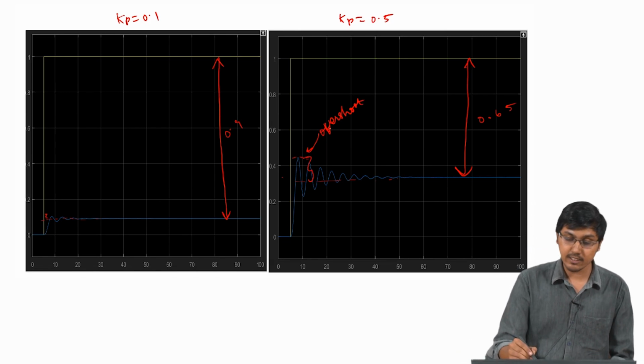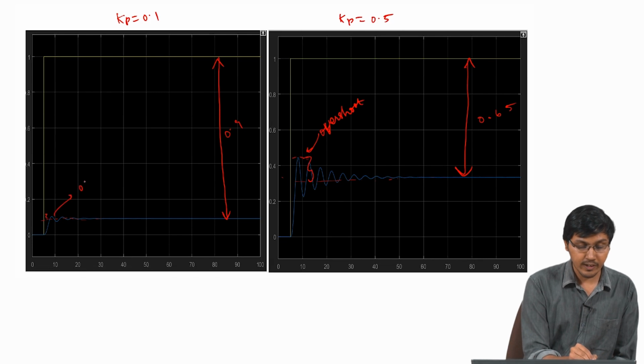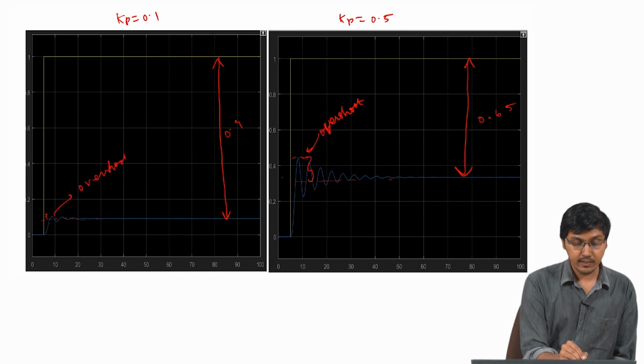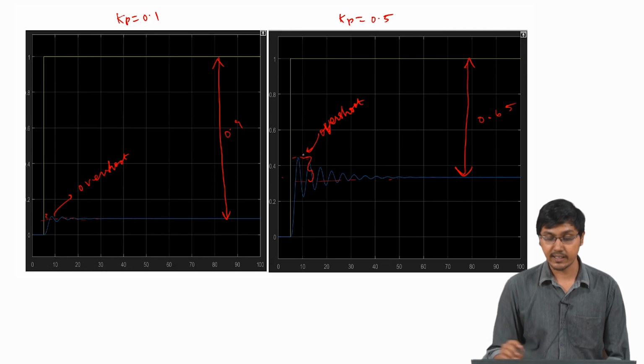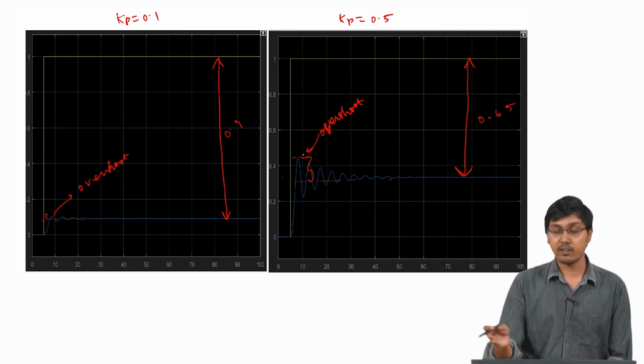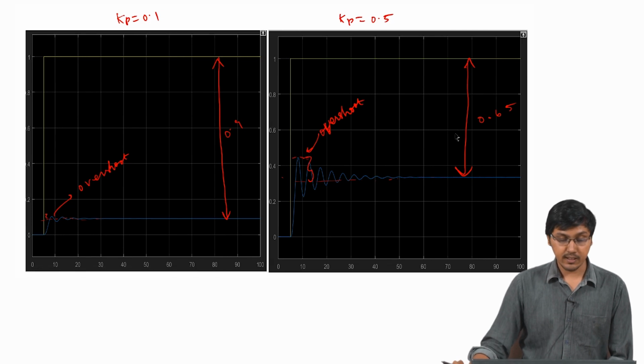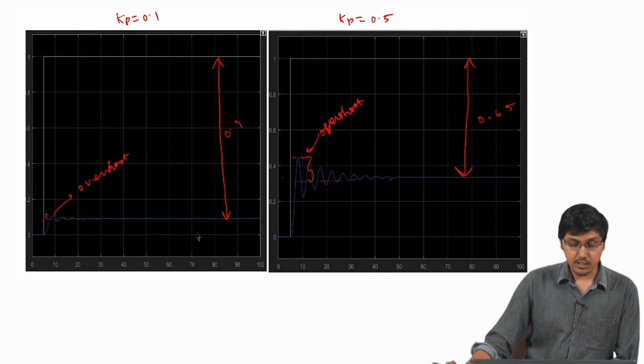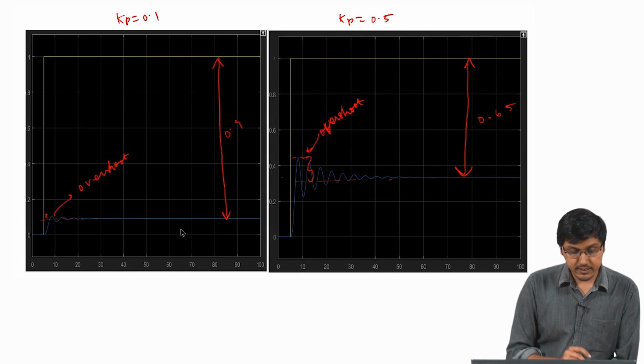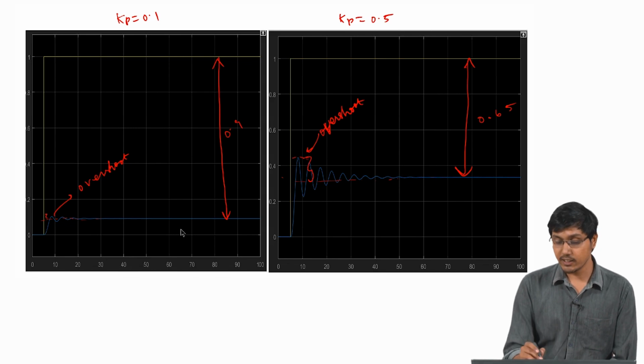So, this has also increased. Here the value of overshoot is very small, and here the value of overshoot is very high. These two things we can easily observe from these pictures, and we can also define another entity called settling time.